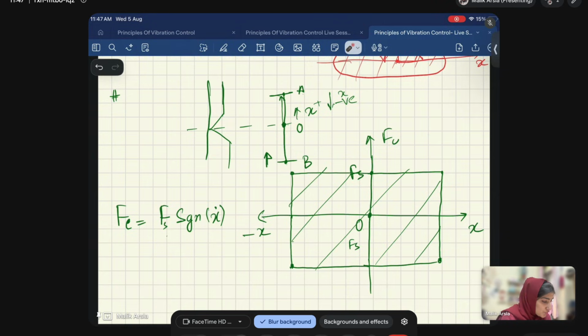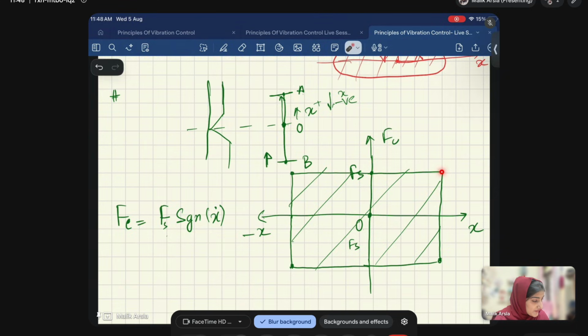Here you can see that as it tries to move from point 0 to point A, first the frictional force will be F_s, and then it will remain constant till point A. Now when it changes direction and tries to come downwards, the value will again remain F_s, but the direction will be reversed.